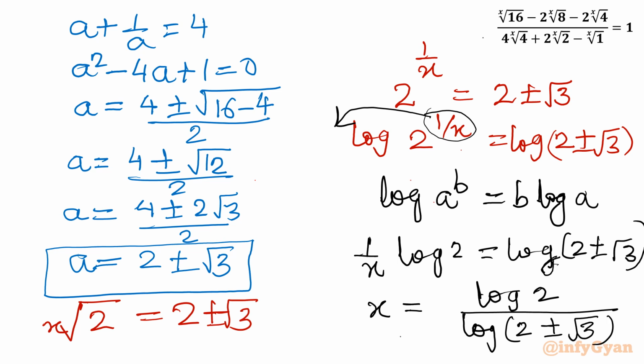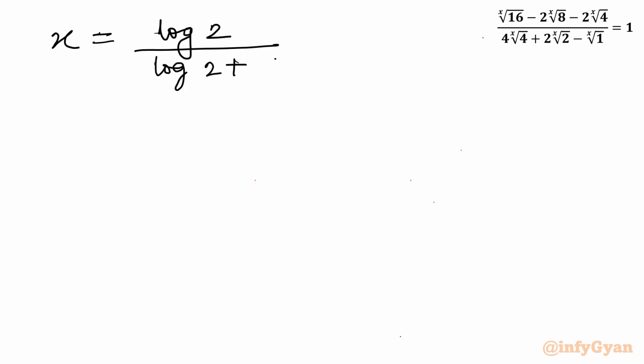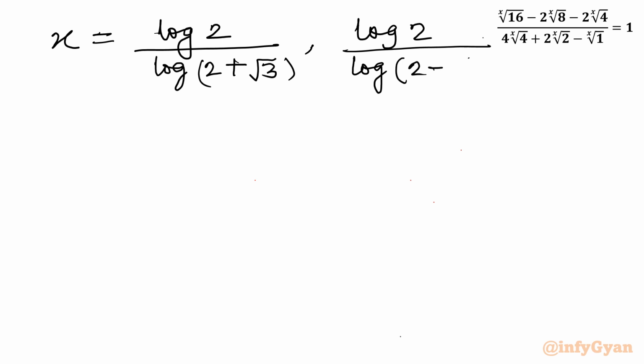Now we need to put only the values, but I will split both the plus and minus sign separately. So I can write here x is equal to log 2 over log of 2 plus root 3, and the second solution I will write with minus sign: log 2 over log of 2 minus root 3.